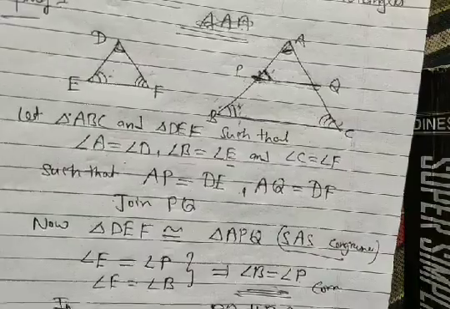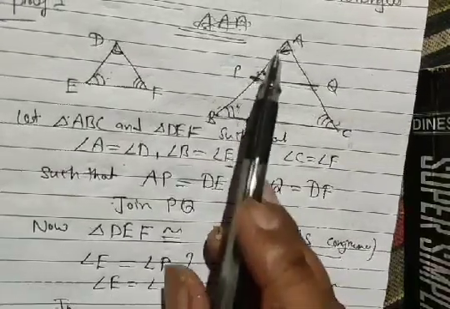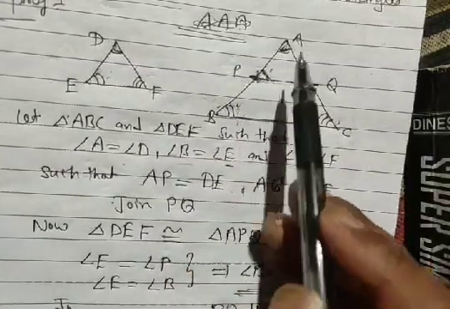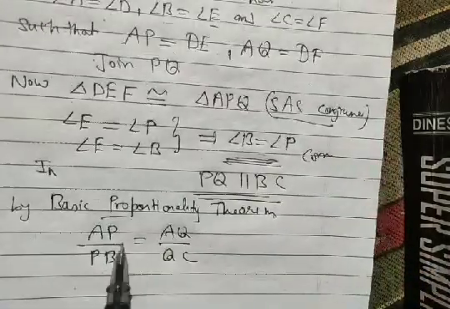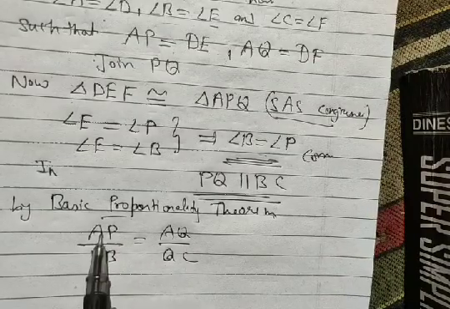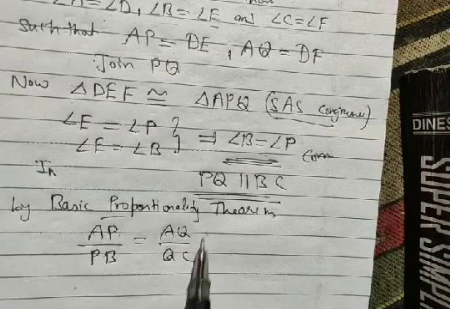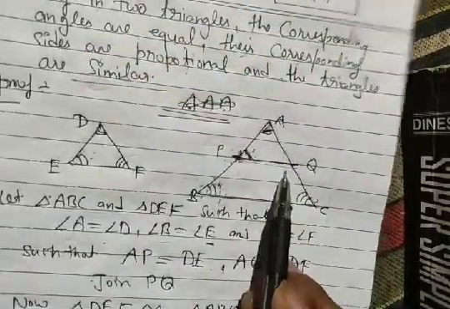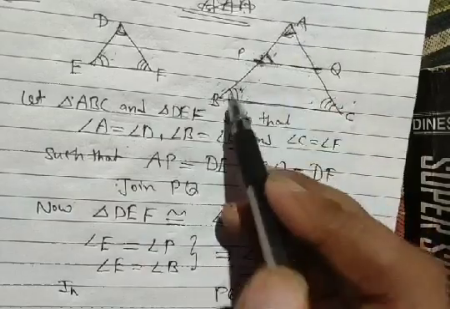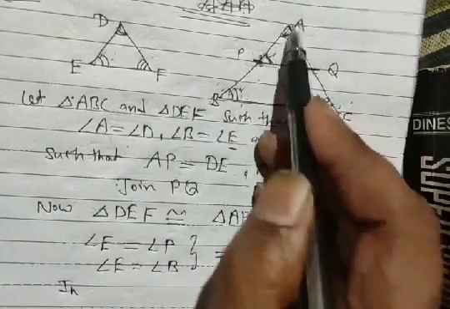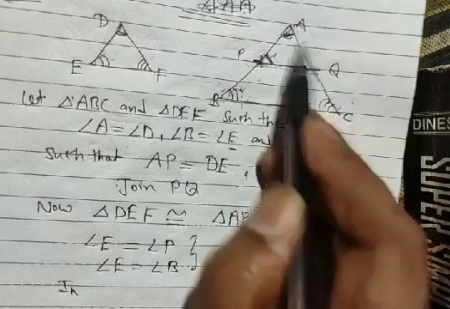Also, using the corollary of the basic proportionality theorem, since PQ is parallel to BC, we add 1 on both sides to get AP plus PB and AQ plus QC. AP plus PB is equal to AB and AQ plus QC is equal to AC. So AP is to AB is equal to AQ is to AC. This is one of the corollaries of the basic proportionality theorem.